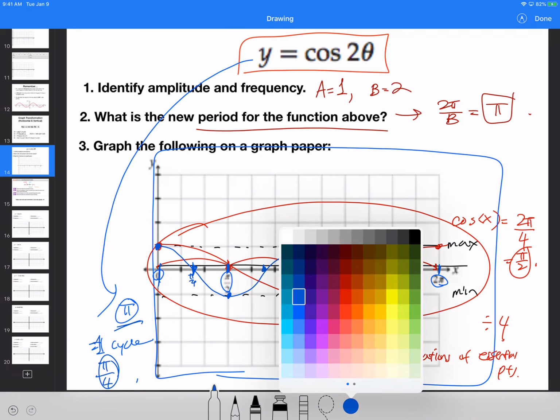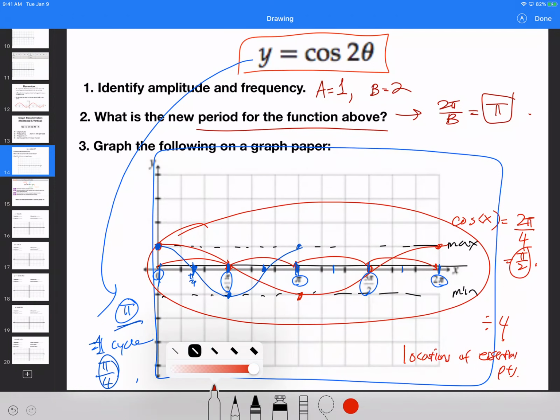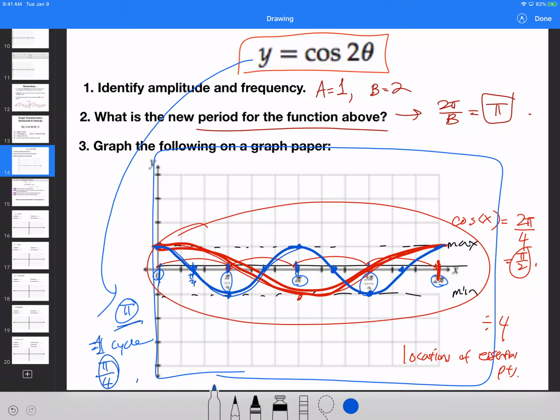The red graph, I'm going to enlarge this one so you can see better, completed one cycle at 2 pi. But I have already completed my one cycle at pi. Then if I do the same trend again, mid, min, mid, and max, there we go.